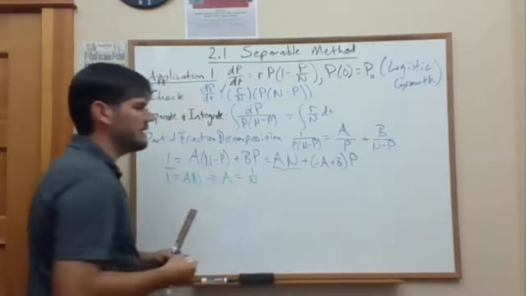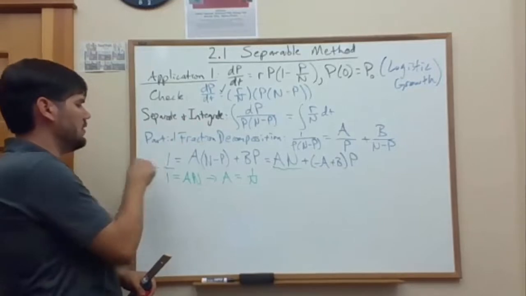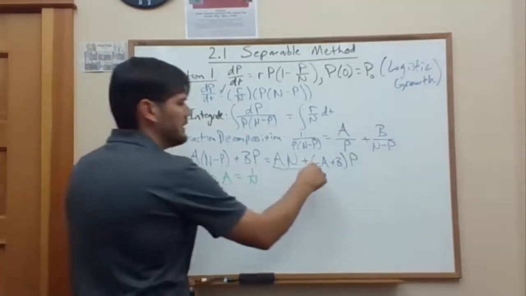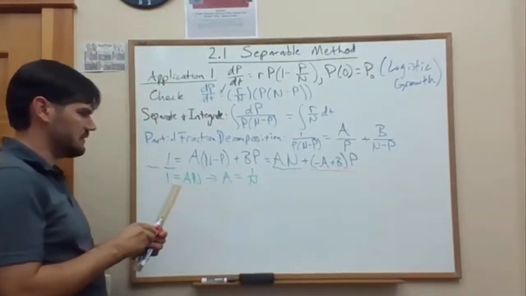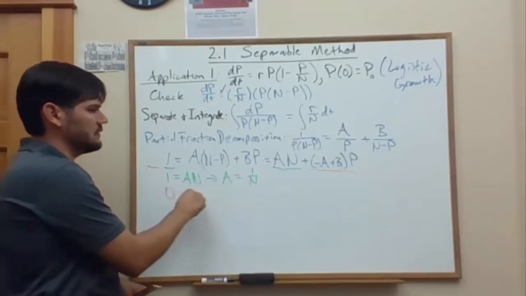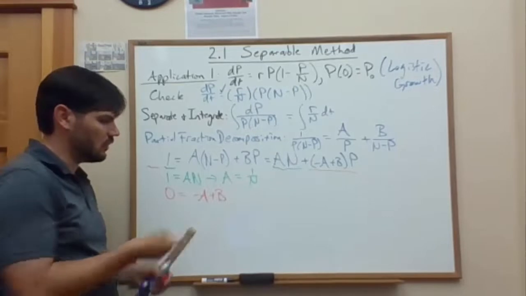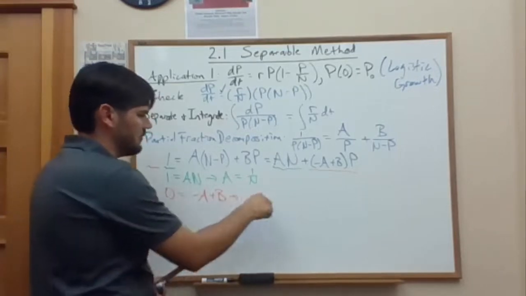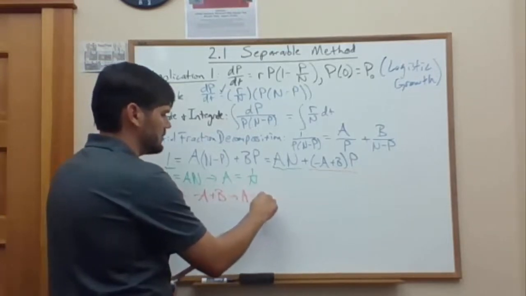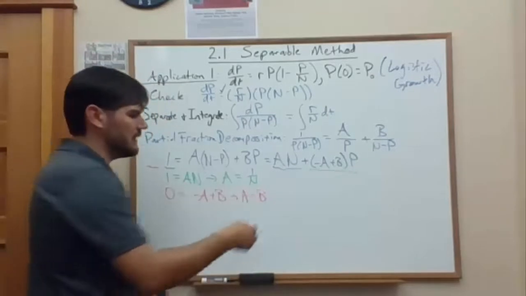Then I look at the powers of P. There are no powers of P over here, and there's negative A plus B powers of P there, which means 0 is equal to negative A plus B. Or, if I solve, that gives me A equals B. But I know what A is already.